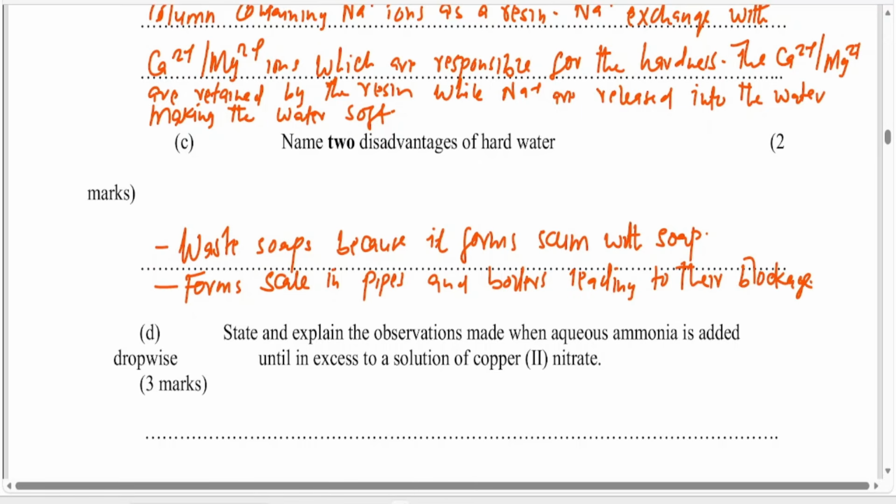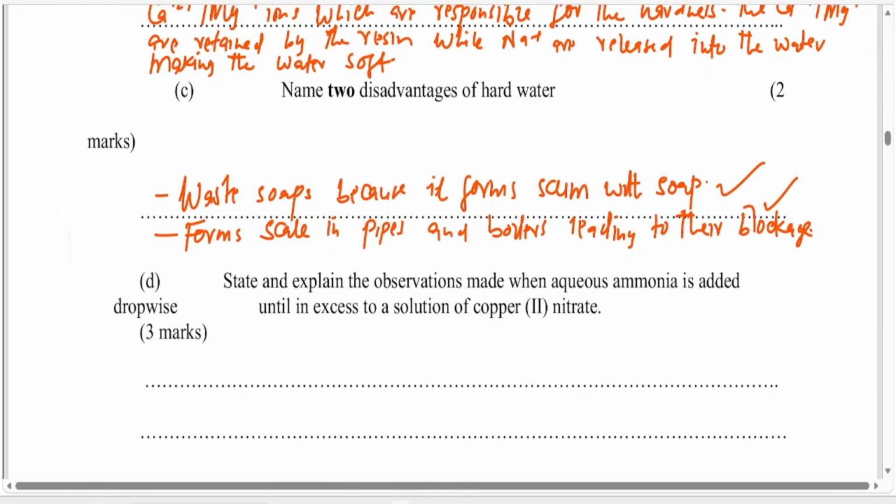And in case of the boilers, it reduces their efficiency in the process or the activity that they are being used in. So any two gives you 2 marks.